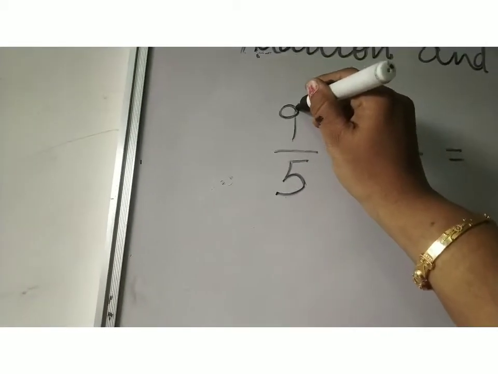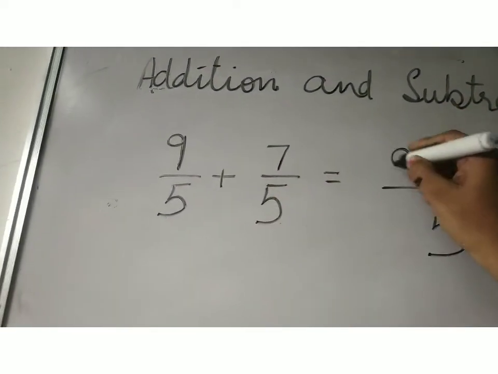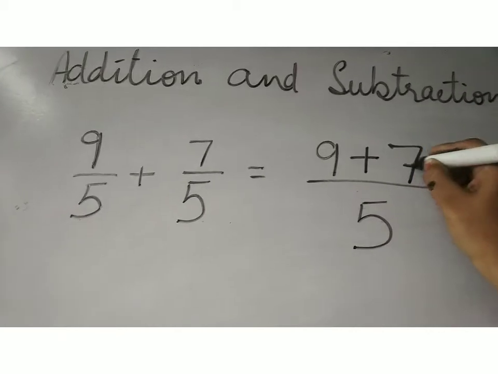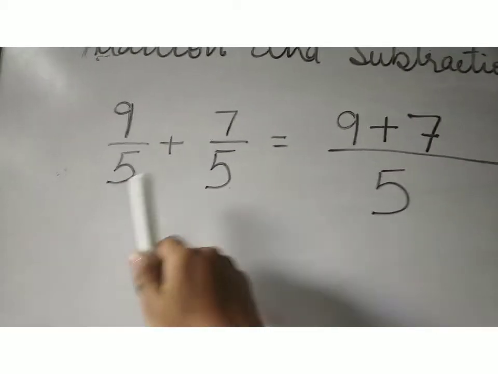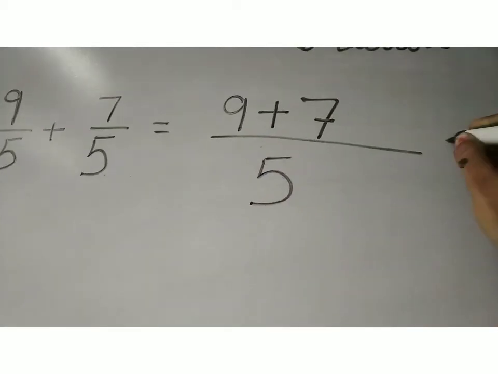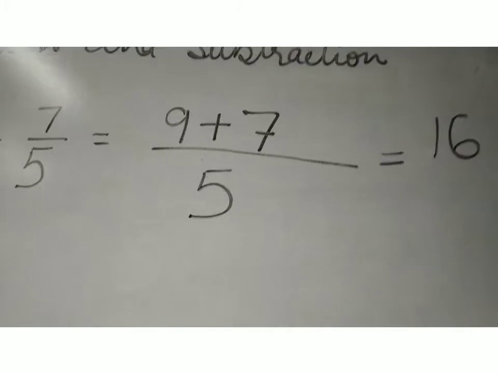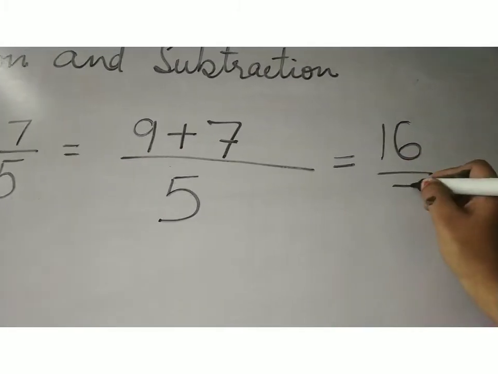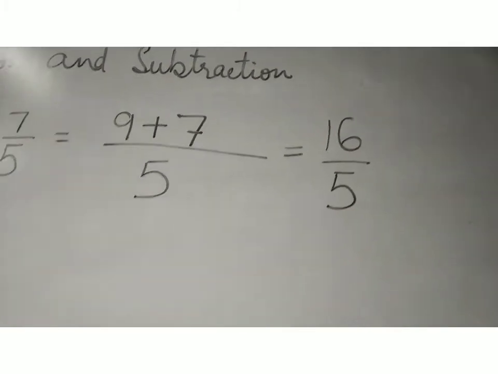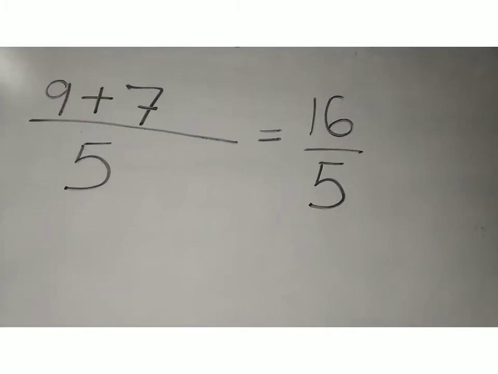And the numerators I will add as it is, that is 9 plus 7. 9 plus 7 becomes 16. So this is the answer, that is 16 upon 5, which can be converted into a mixed fraction easily.